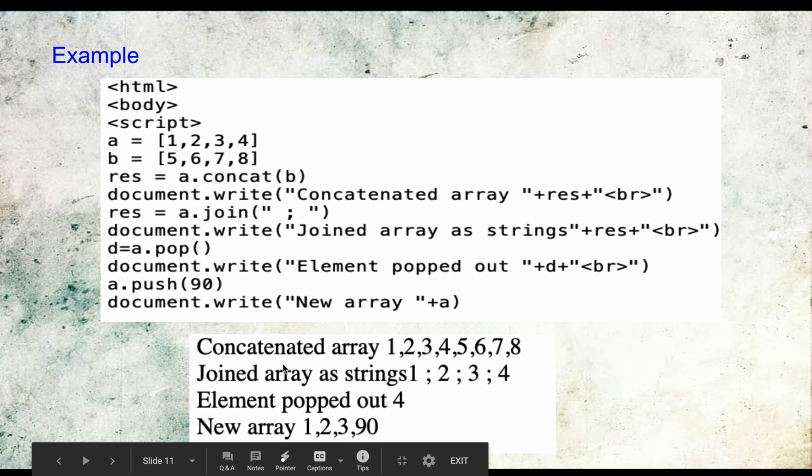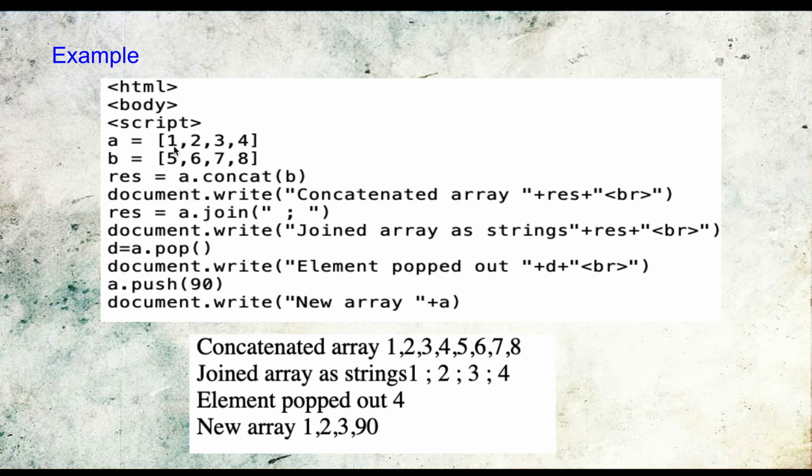So an example using those 4 methods, we have 2 arrays here, A and B, which have been assigned elements using literal notation, and you can see res is the variable to which we assign the concatenated array, that is A dot concat B, where A is the first array name.